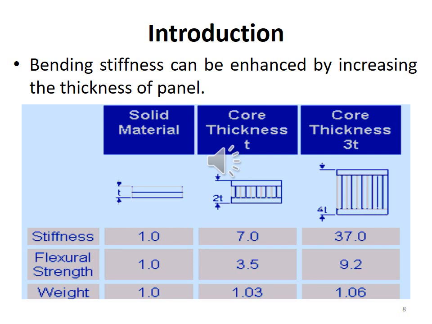So when you increase the width of the core by a multiple of 1t, 2t, and 4t, you can see the stiffness is enhanced many times as compared to the single thickness material.